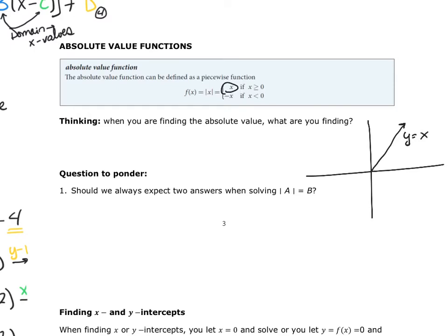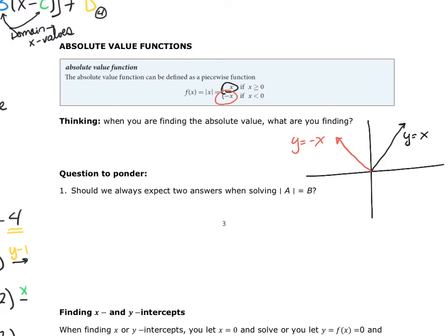So it's going to have a +1 slope, and it goes through the origin. If you're on the other side of 0, then the equation is y equals -x. So it still goes through the origin, but we have a -1 slope. So that is what we're graphing today.